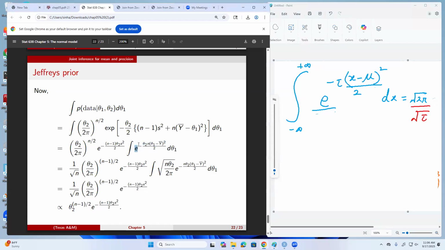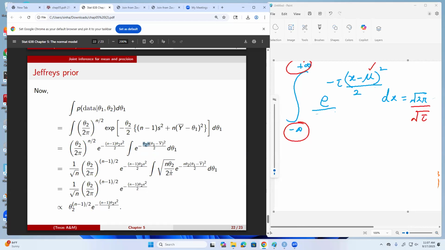So look at this integration. In this integration, theta 1 is what you are integrating, minus y bar. So in that square term, y bar has no impact. When you integrate from minus infinity to plus infinity, this mu has no impact. Same thing, y bar has no impact, but the impact will be based on the scaling factor theta 2 times n. So this will appear in the denominator with the square root sign.